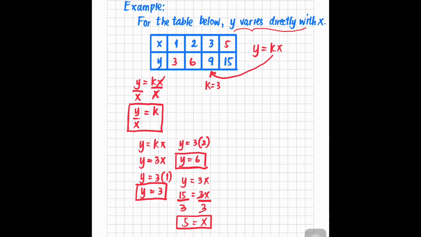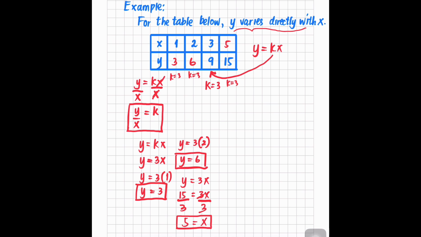So since the table is already complete, we can actually test, right? To find the value of k, we divide y by x, right? So 3 divided by 1 is 3. 6 divided by 2 is also 3. 15 divided by 5 is also 3.